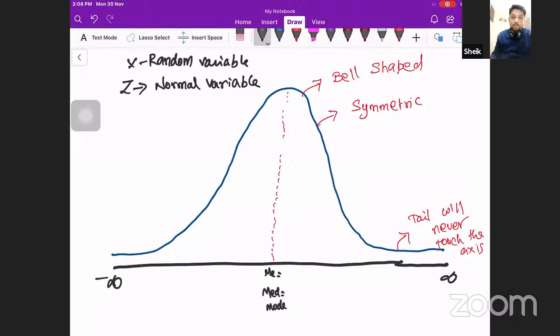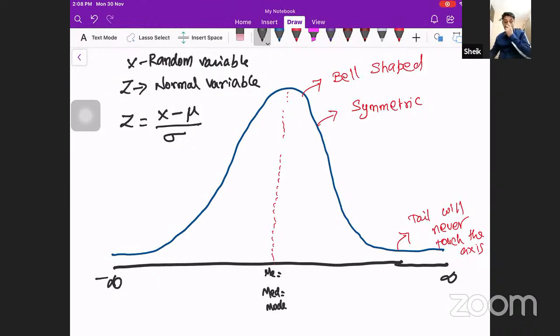X is the random variable, Z is the normal variable. How to convert the random variable into the normal variable? Z is equal to x minus mu divided by sigma.